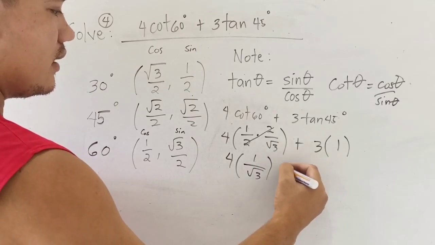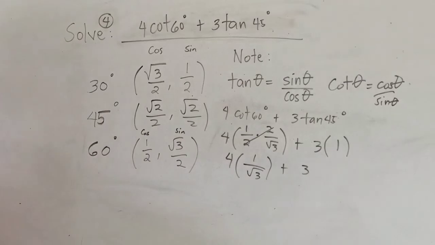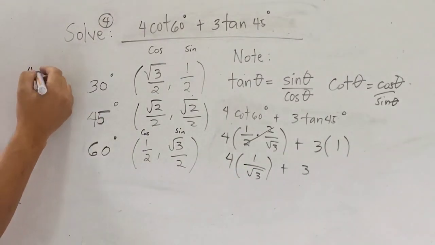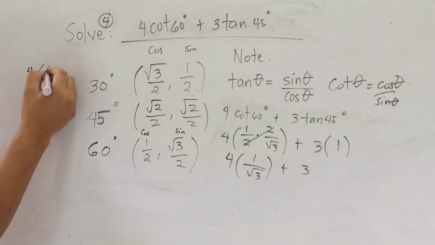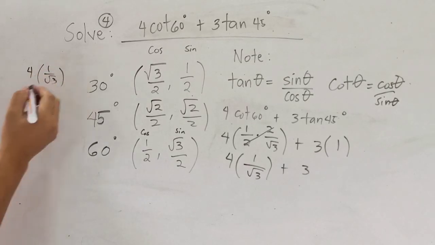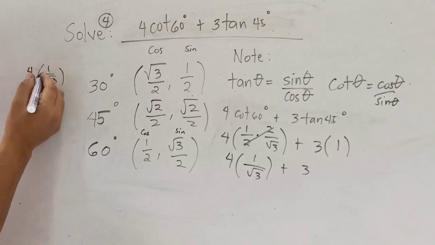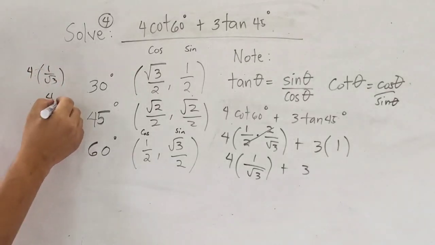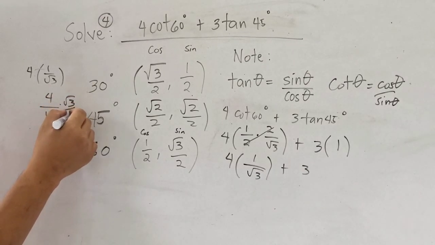Plus 3. Okay, now paano natin isolve yun? 4 times 1 over square root of 3. Then, 4 times 1 is 4 over square root of 3. Magra-rationalize tayo ng denominator. I-multiply natin sa square root of 3.